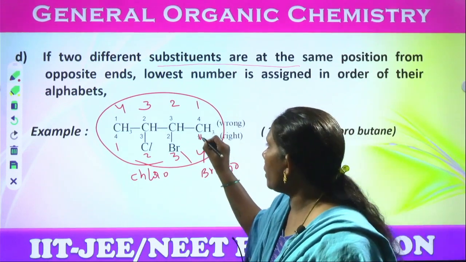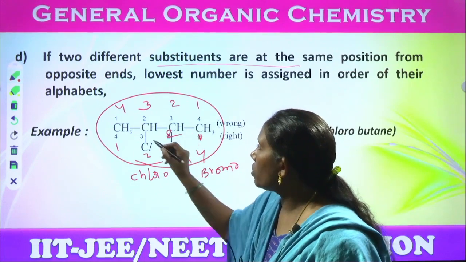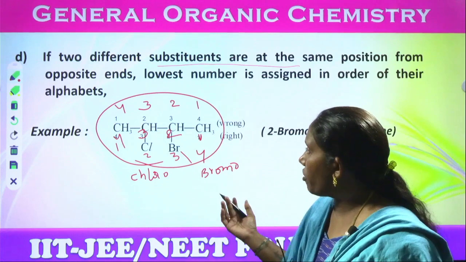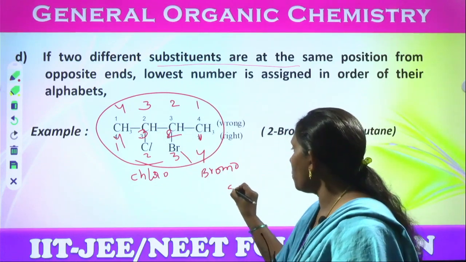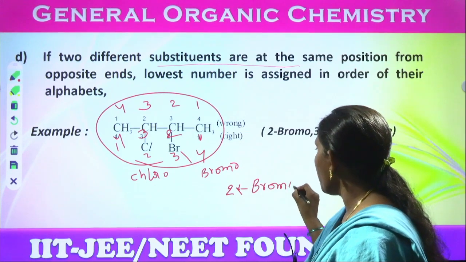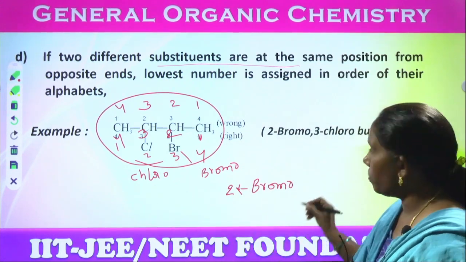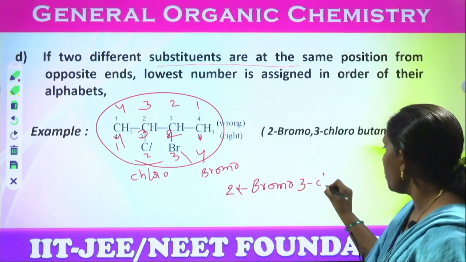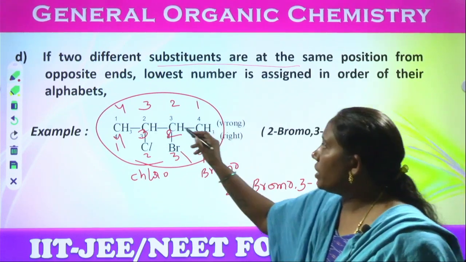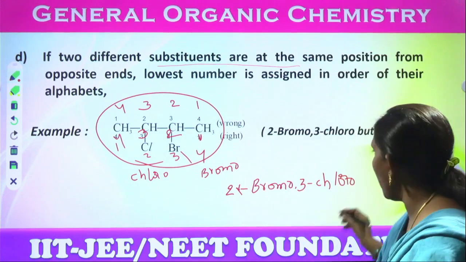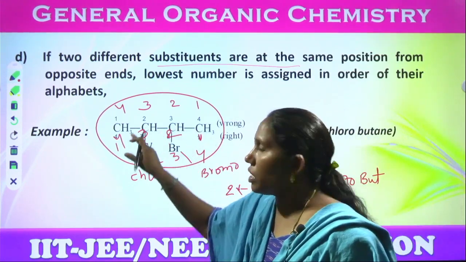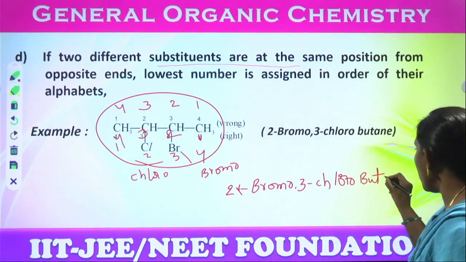So 1, 2, 3, 4. So write the name first. 2-bromo, 3-chloro. 4 carbons we have, and all single bonds are present between the carbons, so the primary suffix is ane.